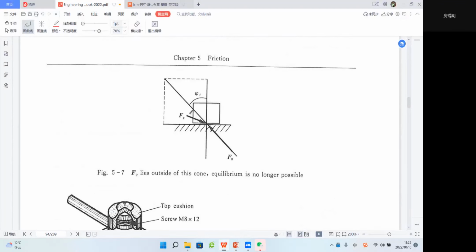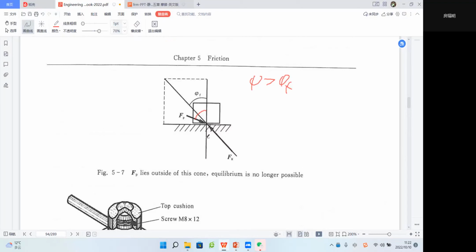If we have another FP, but the intersect angle phi between its action line and the normal line is greater than phi f, then our FR, if we try to offset this FP, must have the same magnitude as FP, collinear with FP, and opposite direction to FP.